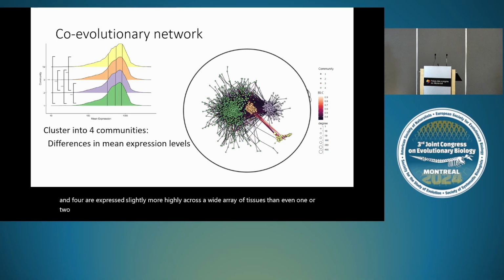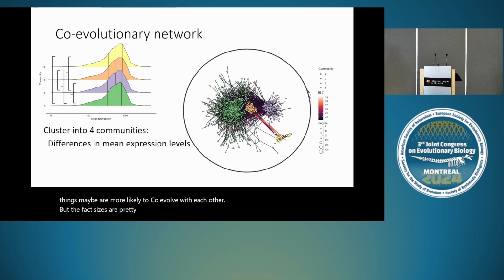That might make some sense because cluster 1, you can see, is this giant set of genes that are all co-evolving very weakly with each other. Cluster 4 is a small cluster of genes that are all very tightly linked with each other. So highly expressed things maybe are more likely to co-evolve with each other. But the effect sizes are pretty small.